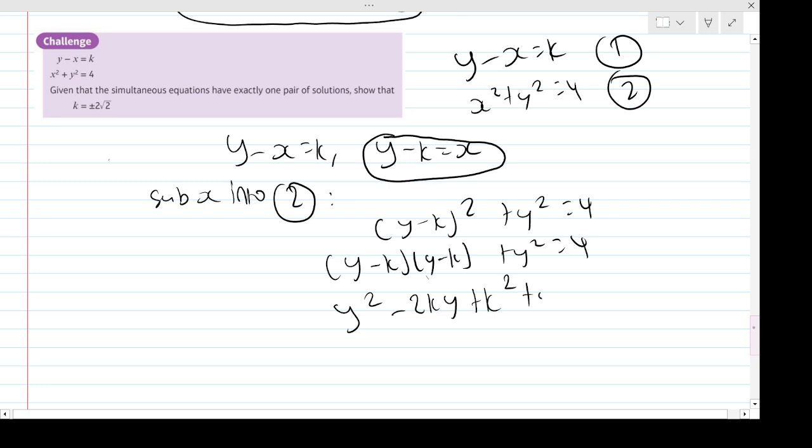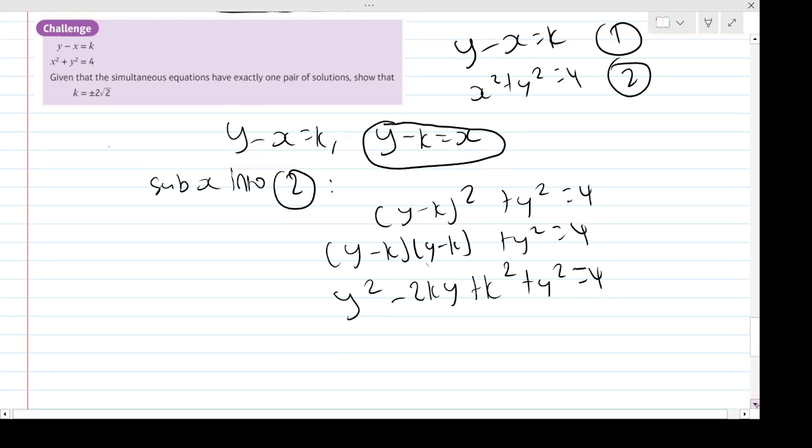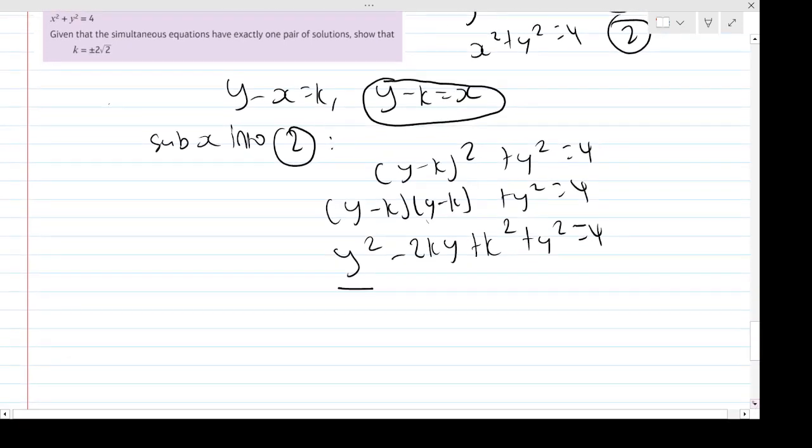Then plus y squared is equal to 4. Then I'm going to rearrange, collect the terms to simplify this. So I have y squared here and a y squared here. That'd be 2y squared. Then a y term of minus 2ky. Then I have just this plus k squared. Then I'm going to move the 4 to the other side to make it equal to 0 to solve.